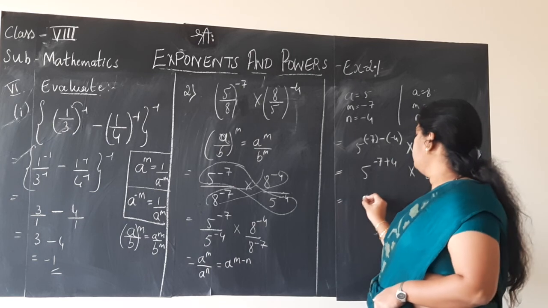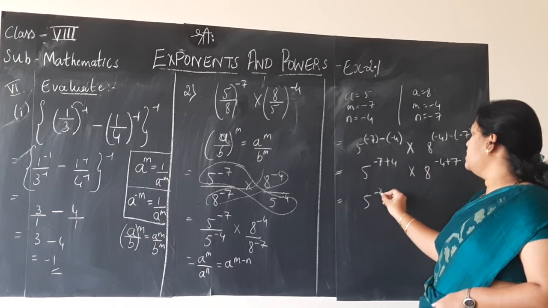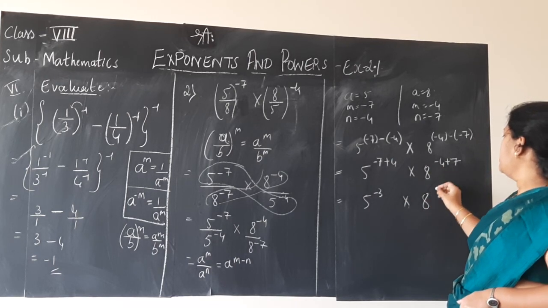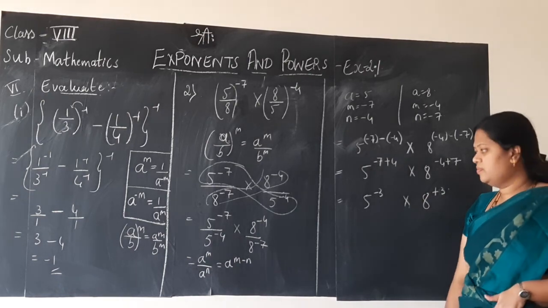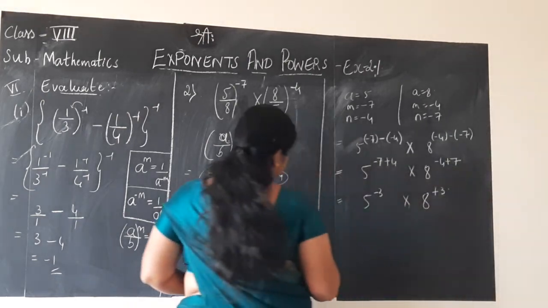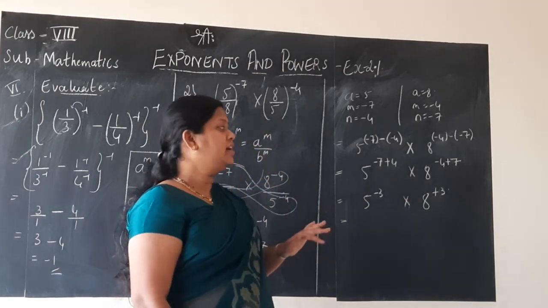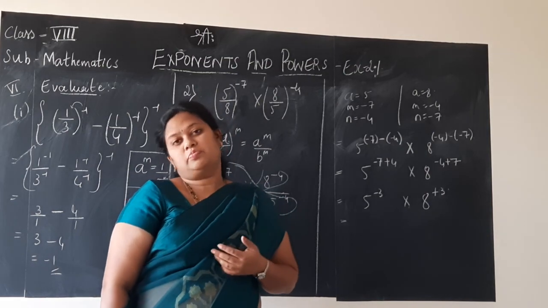Now we will simplify. 5 to the power minus 7 plus 4, that is minus 3. 8 to the power minus 4 plus 7, that is plus 3, we got. In the next step, children, to simplify, the numbers should not have negative exponents.